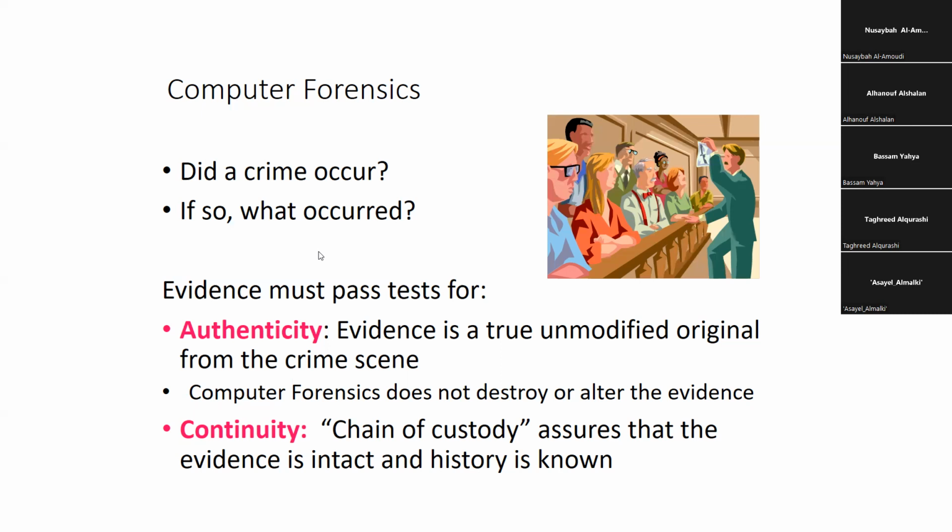Because without evidence, I cannot convince the judge or the witnesses of my theory, because I couldn't find the weapon of killing or the weapon that was used in this crime. So again, authenticity is important.